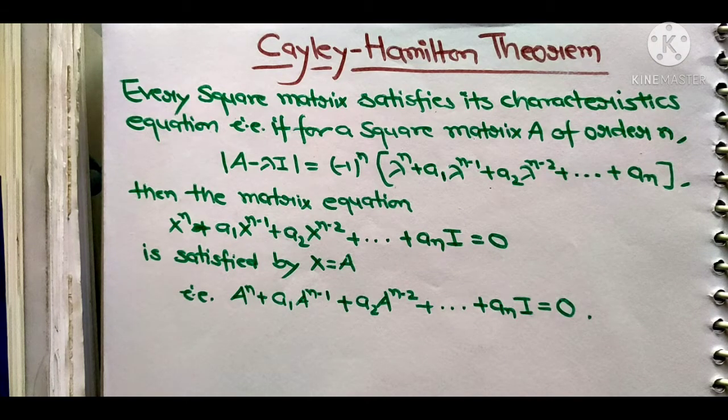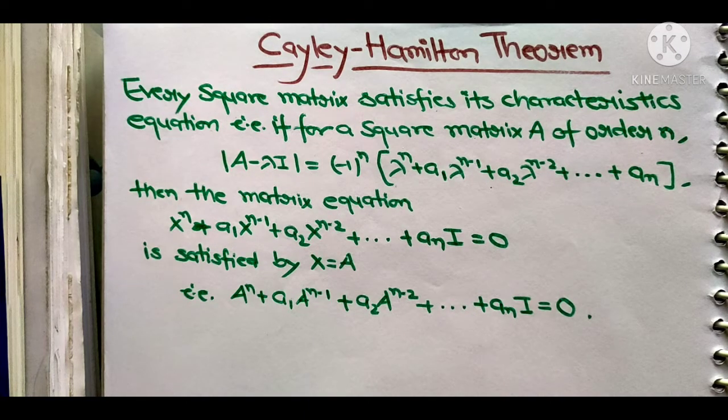That is, if for a square matrix A of order n, the determinant of A minus lambda I is equal to (-1)^n times (lambda^n + a1 lambda^(n-1) + a2 lambda^(n-2) + ... + an), then the matrix equation x^n + a1 x^(n-1) + a2 x^(n-2) + ... + an I = 0 is satisfied by x = A. That is, A^n + a1 A^(n-1) + a2 A^(n-2) + ... + an I = 0.